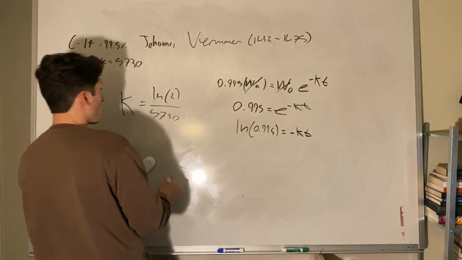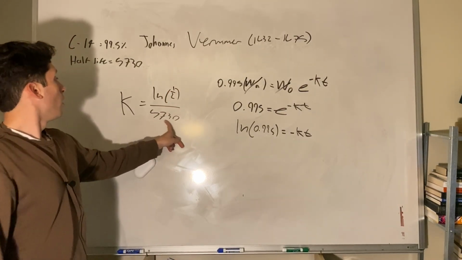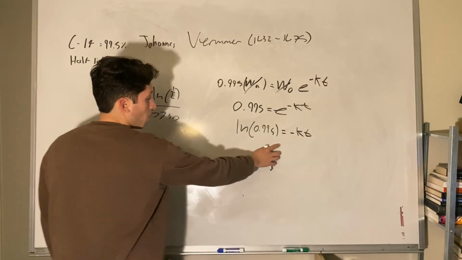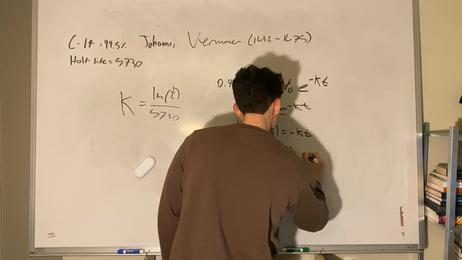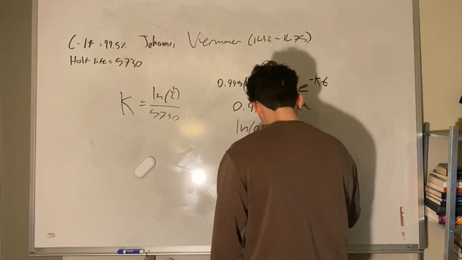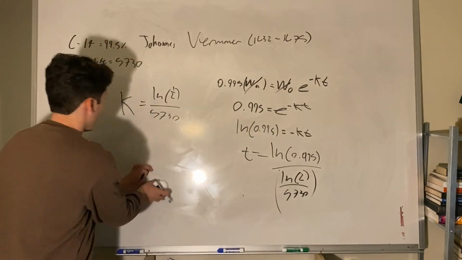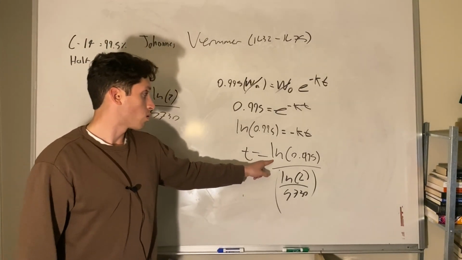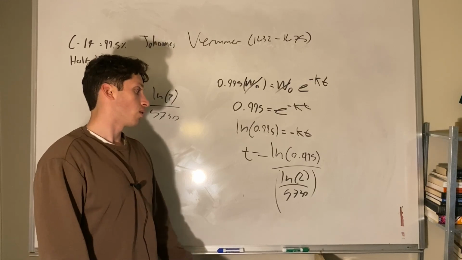Now we know that k equals ln, the natural logarithm of 1 over 2, over 5,730. So we plug it in and we divide to move it to this side to solve for the time, therefore leaving us with t equals the natural logarithm of 0.995 over the natural logarithm of 2 over 5,730.